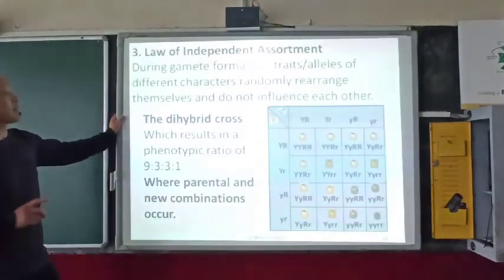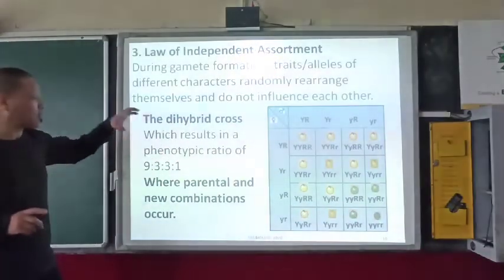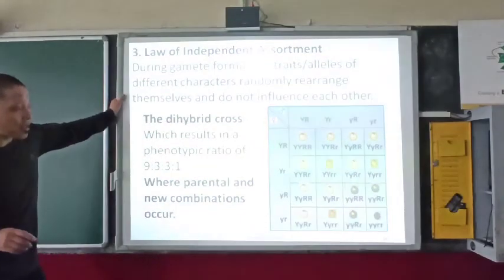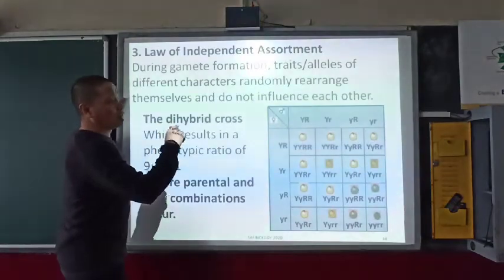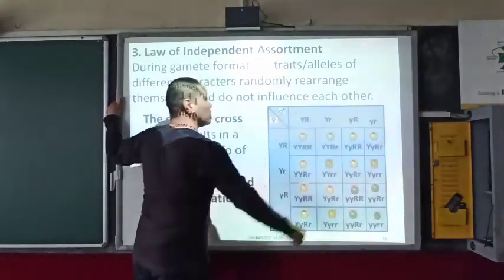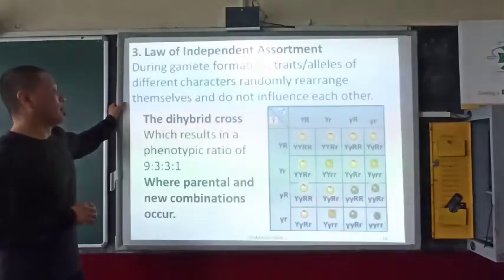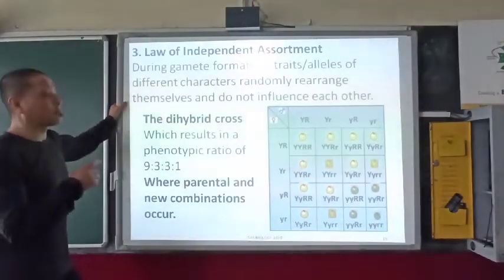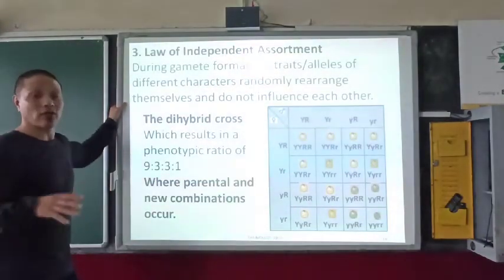Now we are taking 2 characters and crossing these and trying to find out what genetic combinations we get. The different types of gametes that you get while crossing this F1 generation will be dealt with in another video.